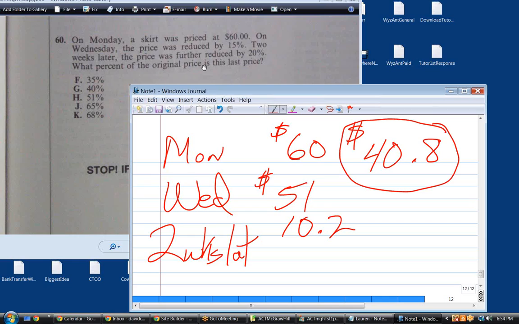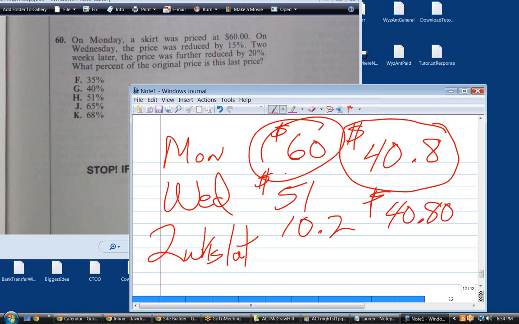Well, what percent of the original price is this last price? How am I going to get that? What does it mean, what percent? If I know the two prices, this price is 40.80, and the other price, the 60, was the original, what percent is 40.80 of 60? How do you do that?